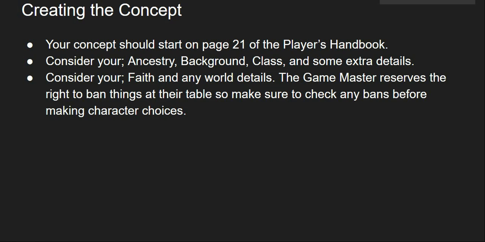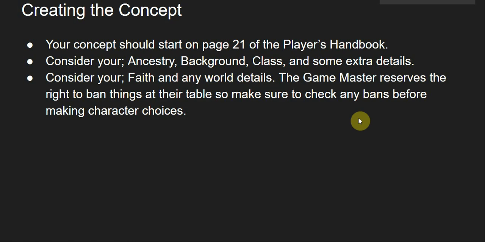Then you want to consider your faith and any world details, and this is the point where, if they haven't done it already, you should ask your game master if anything is banned, if any ancestries are off limits, or if you're using any of the additional rules found in a separate book that I will go over at some point outside of the starter course.